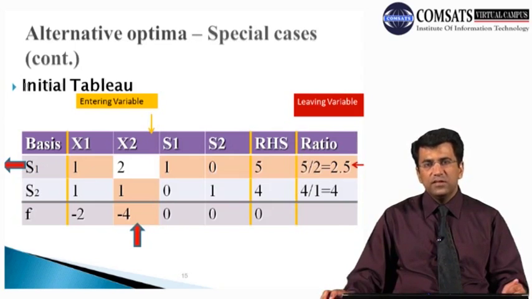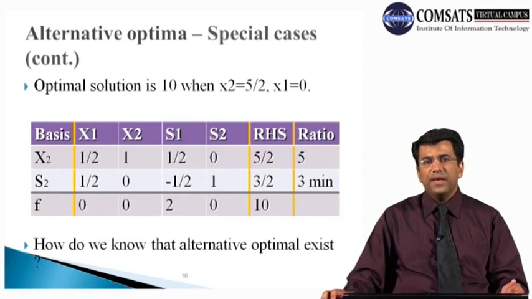Again, we will have to use the same formulas, that is the formula for the new pivot row and the formulas for the other rows, and we'll have to compute another table. Now this is the next table. Again, how we have computed all of these values, that is again by using the similar formulas. I have not recalculated those values, by assuming that you all know how to calculate the values of the new pivot row and the values of the other rows.